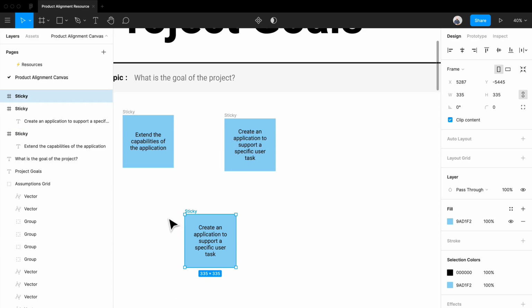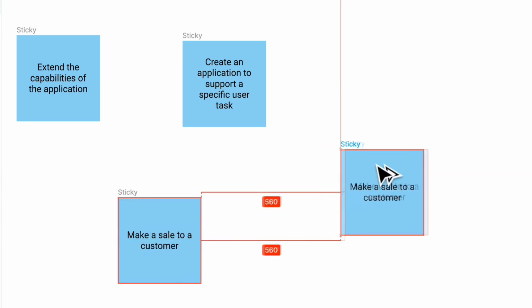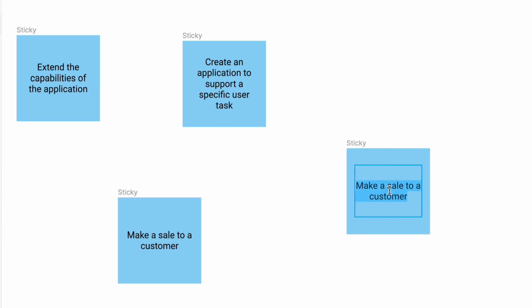I find that the best question to ask is something like, what outcomes do you hope this application helps you achieve during and maybe directly after this engagement? Some answers may be something like, make a sale to a customer, or sometimes a project will be more based on an MVP, like we need to present a proof of product to potential investors.